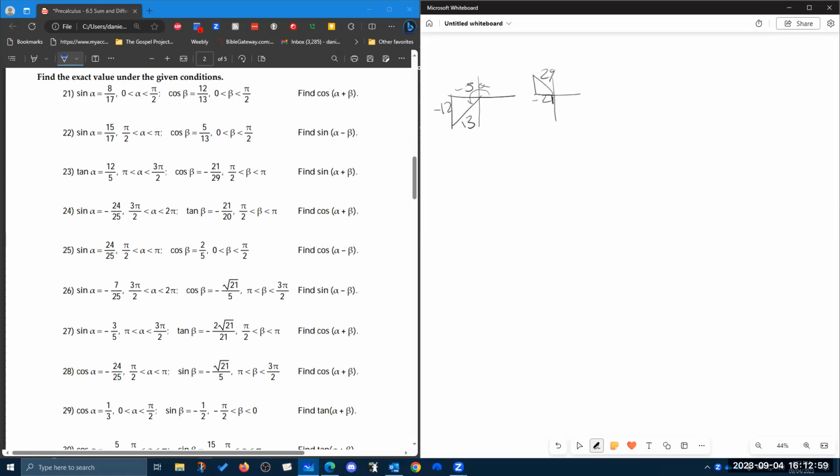That is not a special right triangle that I know, so I need to use the Pythagorean theorem to find out what this missing side is. So 21 squared plus my y side squared is equal to 29 squared.